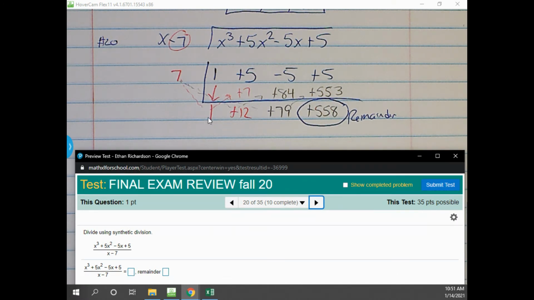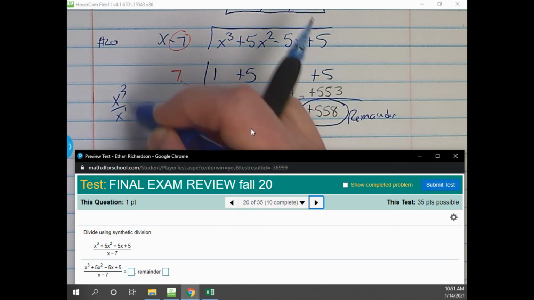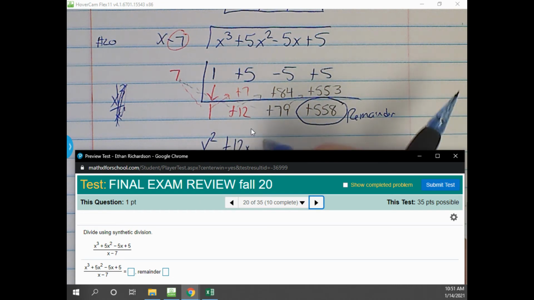The other part is going to be everything that's left over here. But remember, for these numbers, if you take x to the third and divide it by x, you're always going to knock it down a power of 1. So this one's going to start off with 1x squared plus 12x plus 79.